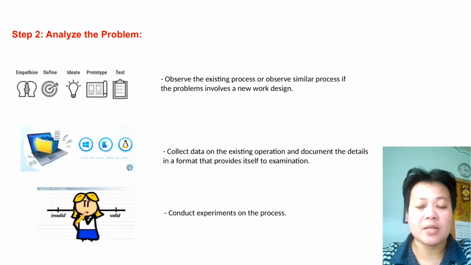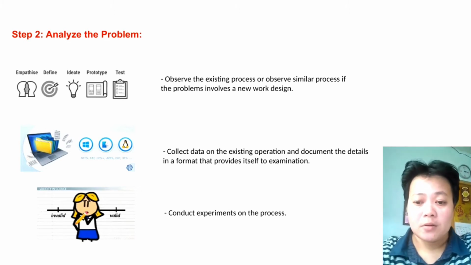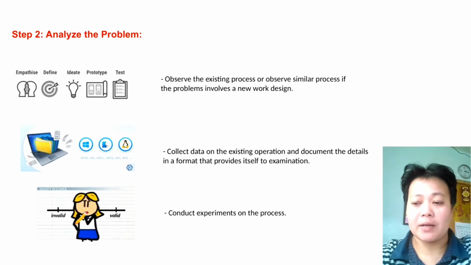Number 3, observe the existing process or a similar process if the problem involves a new design. 4, collect the data of the existing operation and document it in detail and in a format that lends itself to examination. 5, conduct experiments on the process.